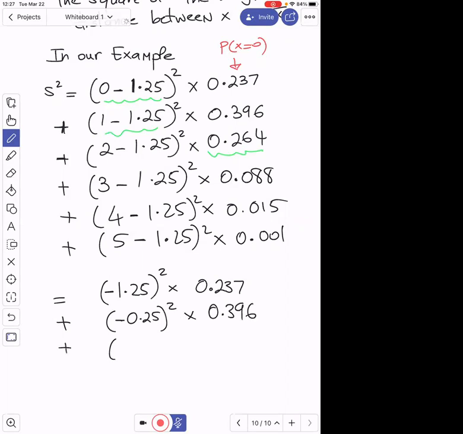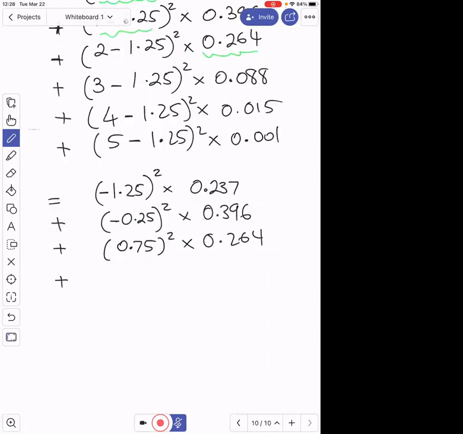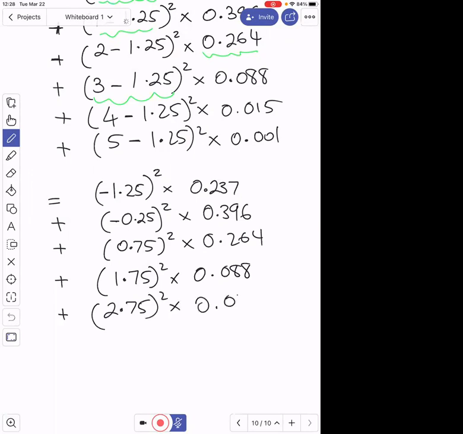Next, 2 minus 1.25 is 0.75 squared times 0.264. Next, 3 minus 1.25 is 1.75, so 1.75 squared times 0.088. Next, 2.75 squared times 0.015, and then 3.75 squared times 0.001.